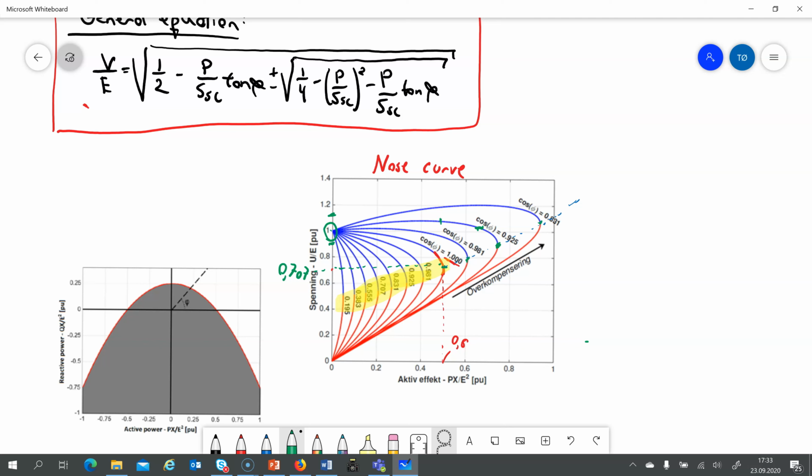That means that you can actually operate around here, but what you don't know is that you are actually very close to blackout or instability problems in your grid. And that is one thing that is challenging by increasing this endpoint. So you need to be careful. When you are here, you see that the gradient will start before, so you know that you are approaching earlier on this curve.